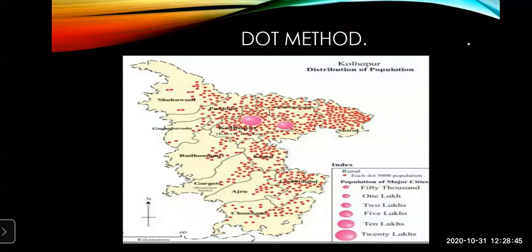Uniform means same size. To show the distribution by the dot method, the values of the dots have to be determined. Now you can see here in the index, the values of the dots are already determined. 50,000, 1 lakh, 2 lakhs, 5 lakhs, 10 lakhs, 20 lakhs. So this way the values are already determined.